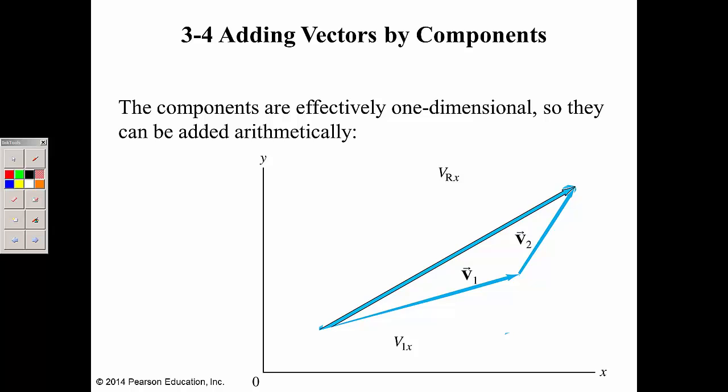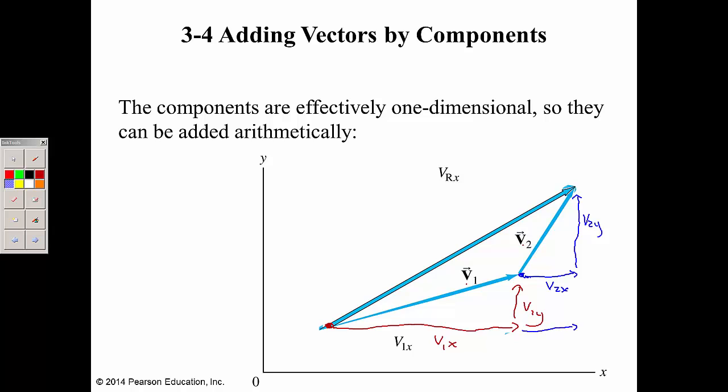Now we can add two vectors by components as well. Here I'm showing the tip-to-tail method for adding v1 plus v2, and if I were to break v1 up into its two components, v1x and v1y, and now I look at my vector v2 and I write that as v2x and v2y, where I've simply broken each vector up into its respective components.